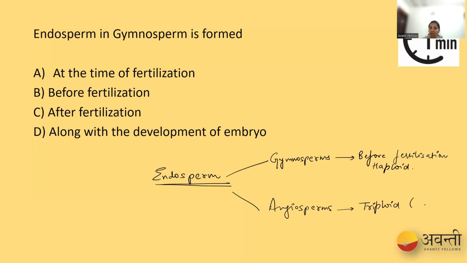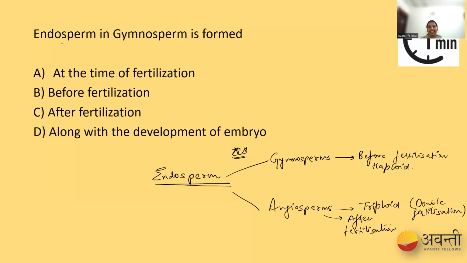The ploidy is triploid because it is formed due to the double fertilization process, and it is formed after fertilization. Please remember the difference between the endosperm of angiosperm and the endosperm of gymnosperm. Very important. Please remember whether they are forming before fertilization or after fertilization, and the ploidy. That is very important.